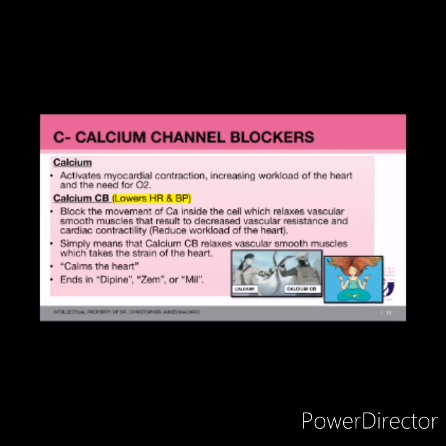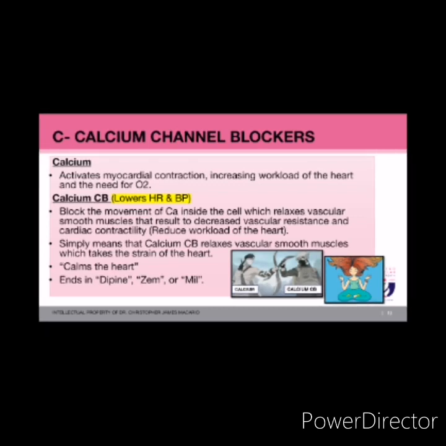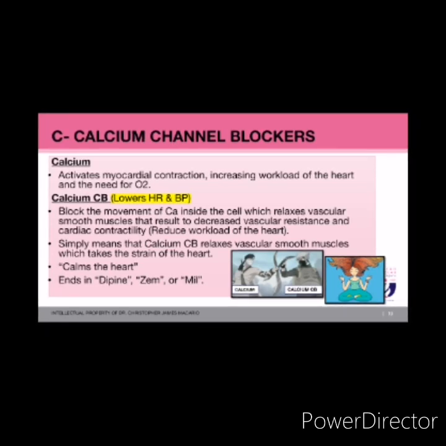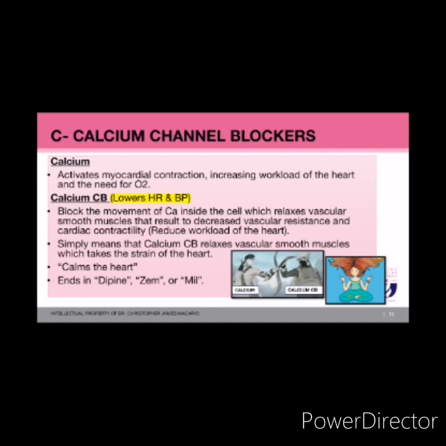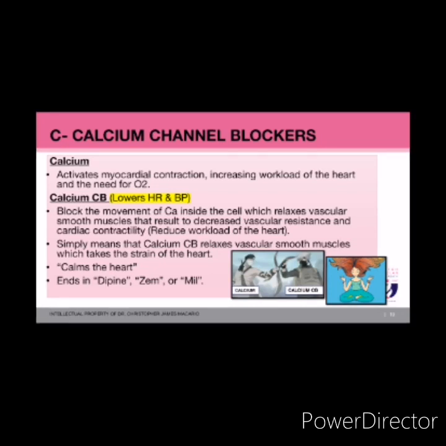Okay, kung mapapansin mo, yung sodium, yung potassium, and this time around, yung electrolyte na calcium is, ang ginagawa natin, binablock natin yung tatlo na yan. And the effect is that it relaxes the heart. Okay? So, calcium channel blockers, in general, lowers the heart rate and the blood pressure.